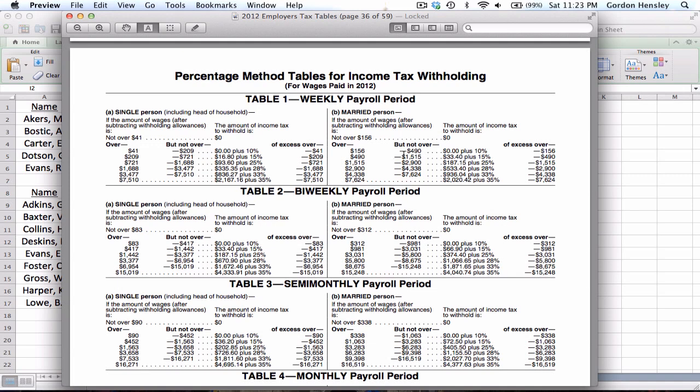So I'm going to follow that across and see what the proper way is to do that calculation. So for this person, it says $33.40, and then it says 15%, and it says the excess above $490. So those are the three things I need to know. $33.40 plus 15% of the excess over $490.